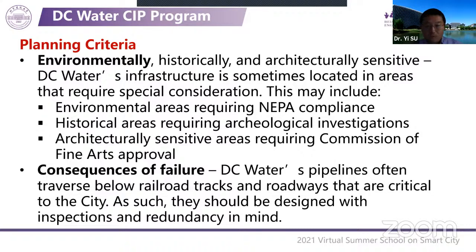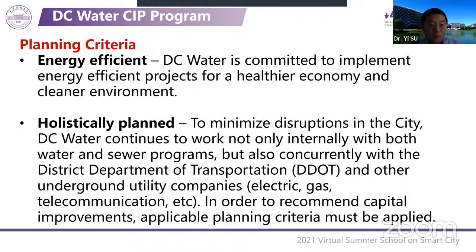So it must build some redundancy, and also be energy efficient, and holistically planned to minimize disruptions. Also, DC Water needs to collaborate with other government agencies like the District Department of Transportation, underground utility companies, and so on.